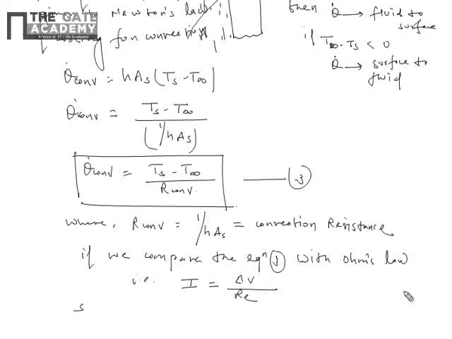So, R convection corresponds to electrical resistance in electrical analogy.